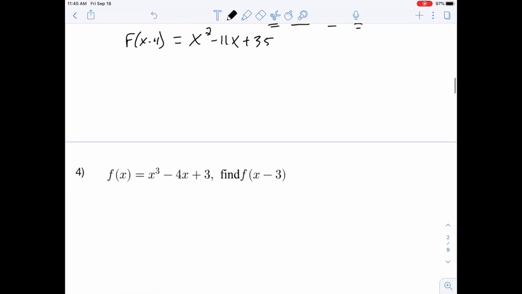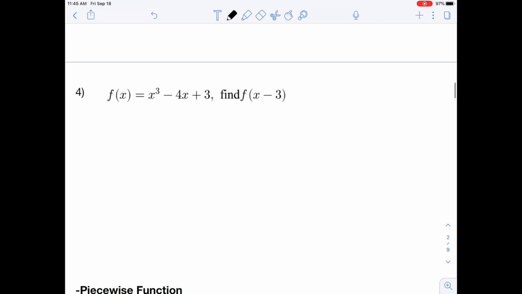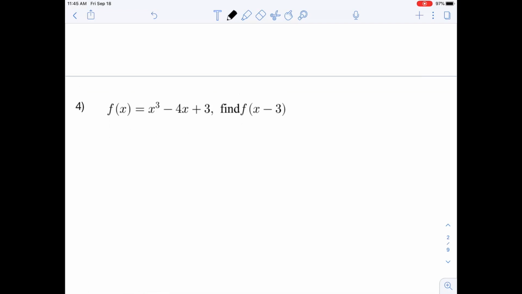And try this one right here. Got the third power. So again, we're going to plug this in for every x in here. So this would be f of x minus 3 is equal to x minus 3 cubed minus 4 times x minus 3 plus 3.